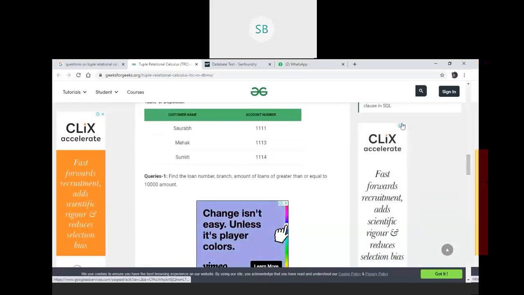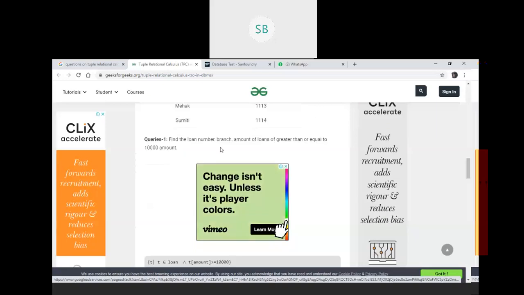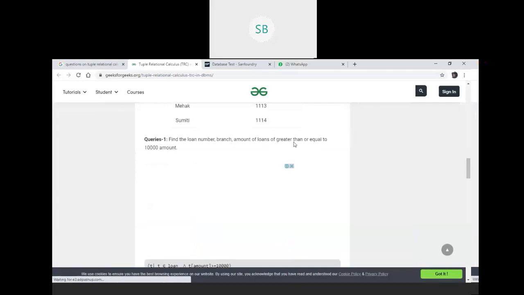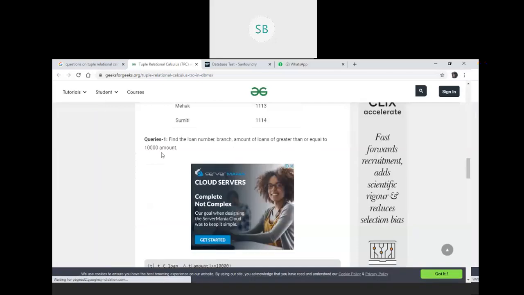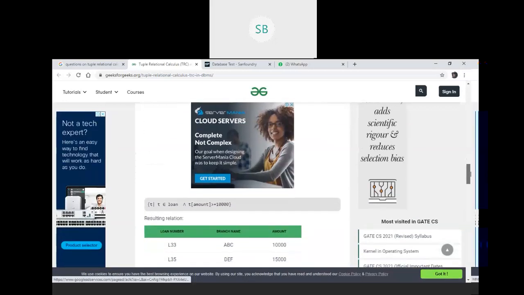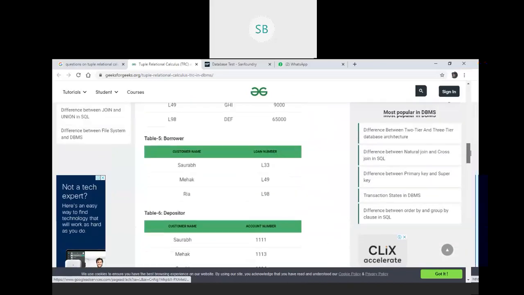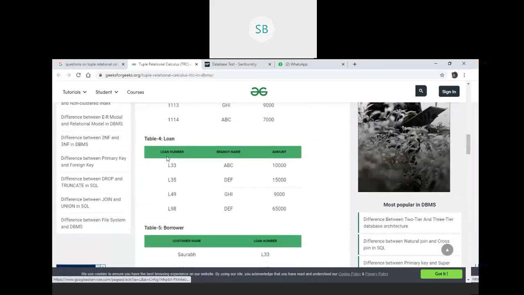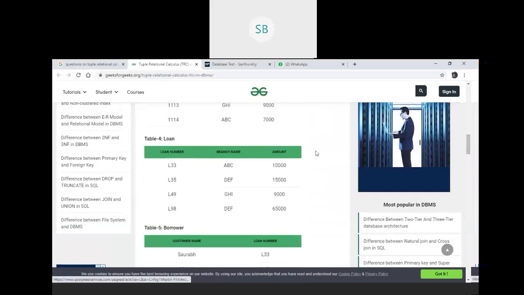Now we are required to find the loan number, branch, amount of loans greater than or equal to 10,000. So they have solved it for us. We have to find it from the loan table only. If you check the loan table, we have the loan number, branch name, and amount.